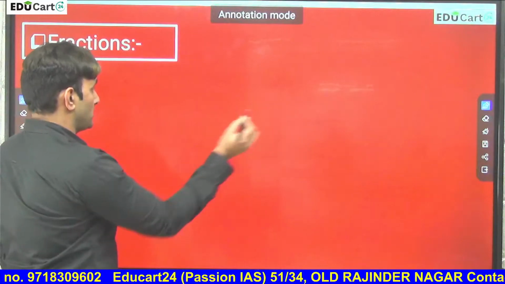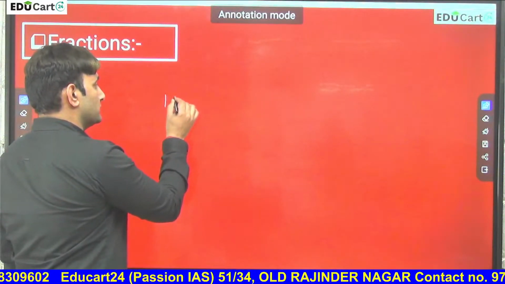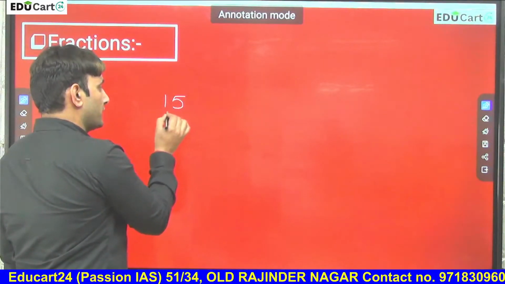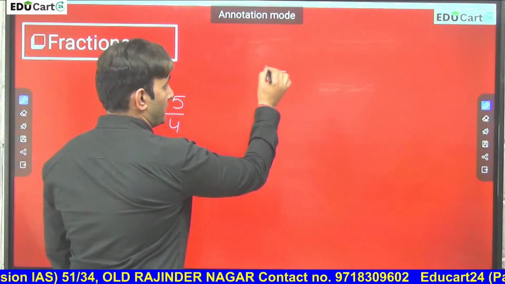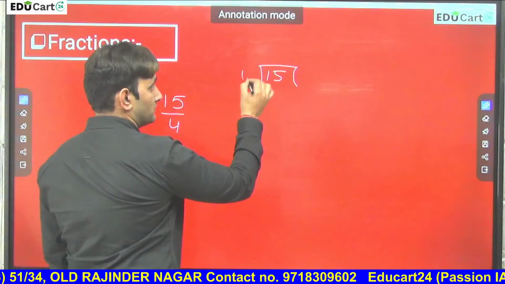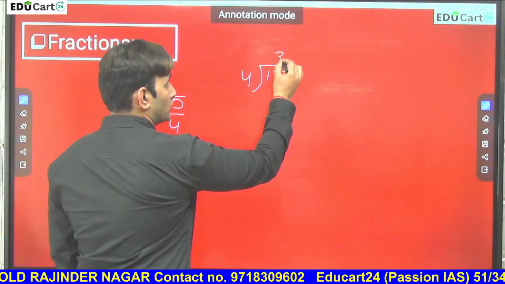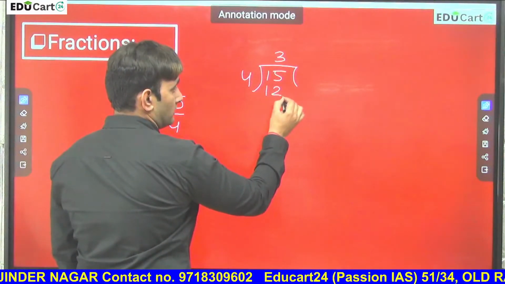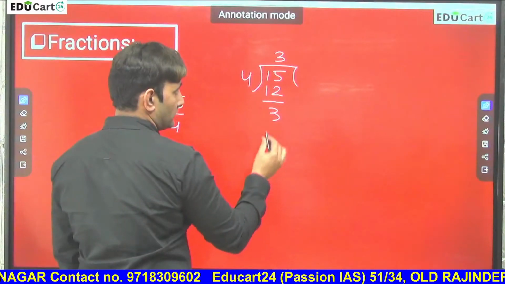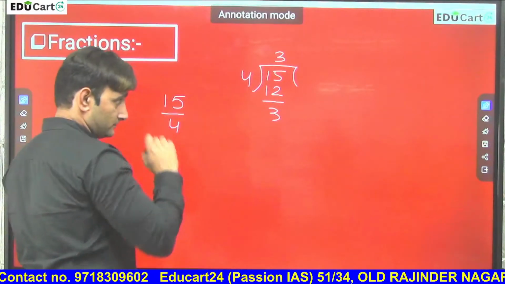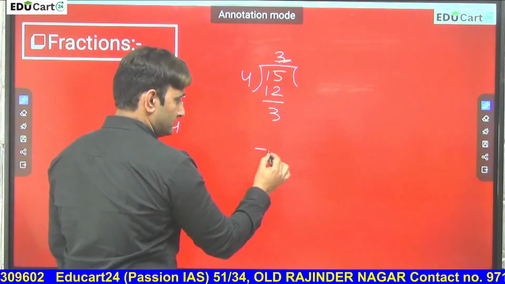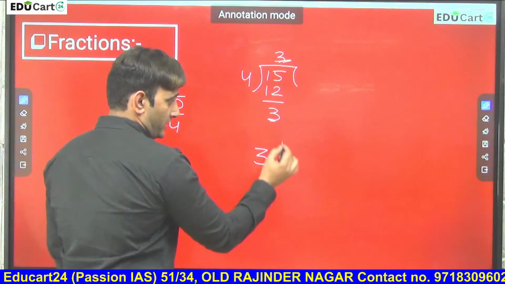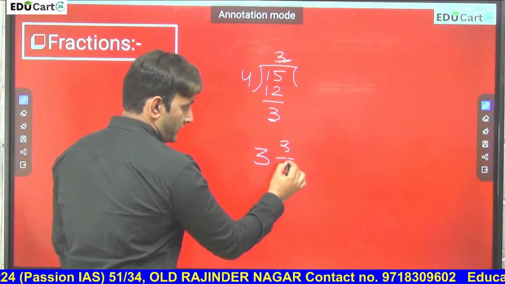Now suppose the number is 15 by 4. Now divide this 15 by 4. 4 3s are 12. You are left with 3. So how can I write? This 3 is complete. 3 is remaining divided by 4.